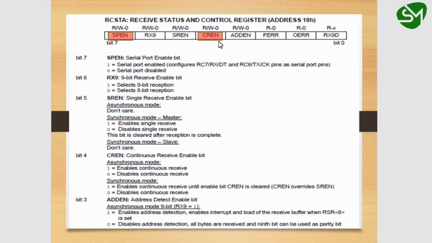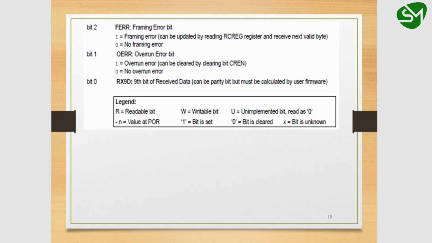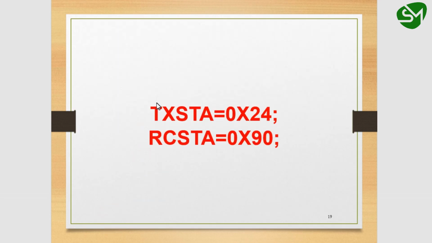If we enable this bit, only then can data be continuously received using UART communication. The value for the register is 1001 0000, that is 0x90. So for TXSTA we are providing a value of 0x24, and for RCSTA a value of 0x90.